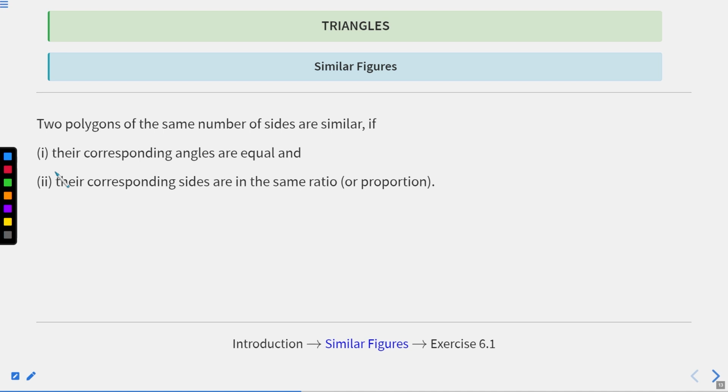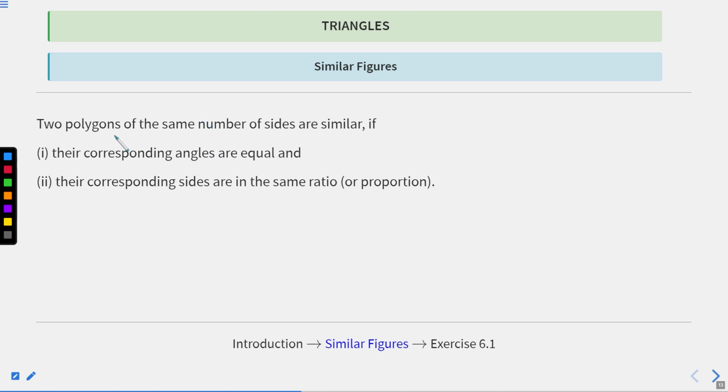Okay, so number one, their corresponding angles should be equal, and number two, their corresponding sides are in the same ratio or proportion. So this defines when two figures are similar.